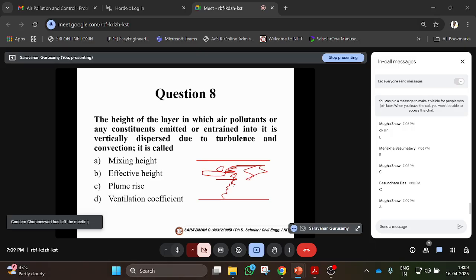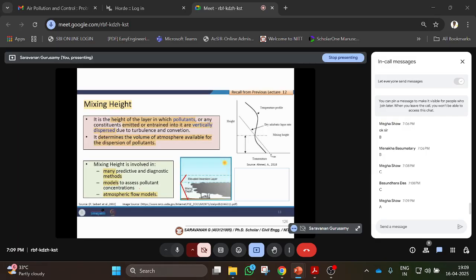It will get dispersed, and after that it will not go further. What is this height called? A mixing height, right? So there is a height up to which the pollutant will be dispersed due to turbulence and convection. Convection is what? Heat difference. What is turbulence? Due to the movement of wind, wind speed and velocity, it may get dispersed. So up to a height it will get dispersed. That's called mixing depth or mixing height.